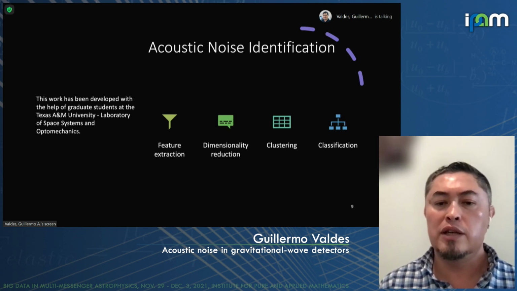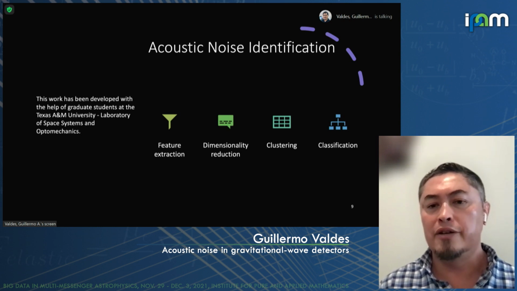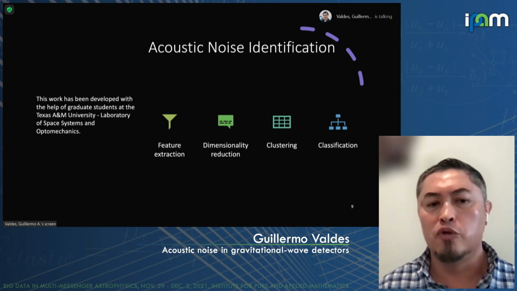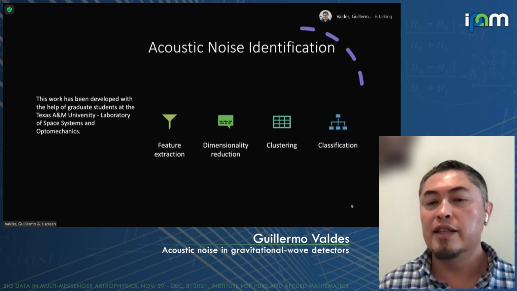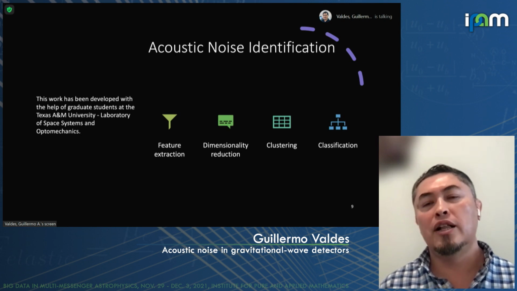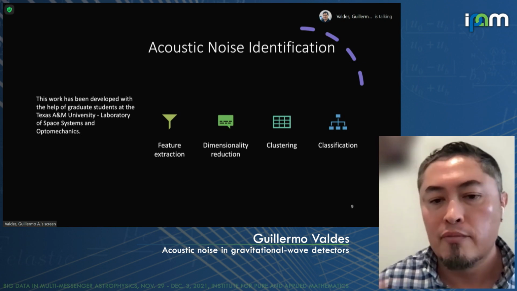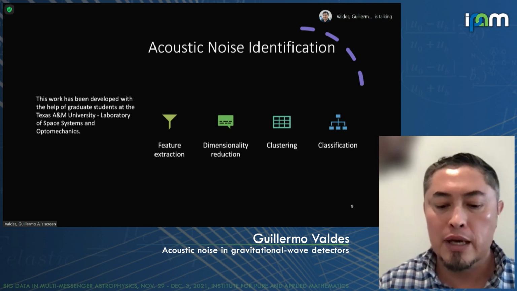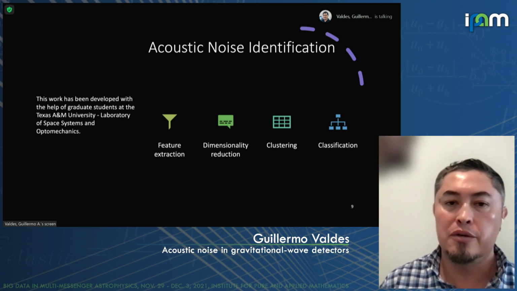We want to reduce this, and then we will do unsupervised learning, basically clustering, to find some groups and see what those are. Then we can use that information that we already collected for classification. The classification will help to predict future noises or identify future ones.